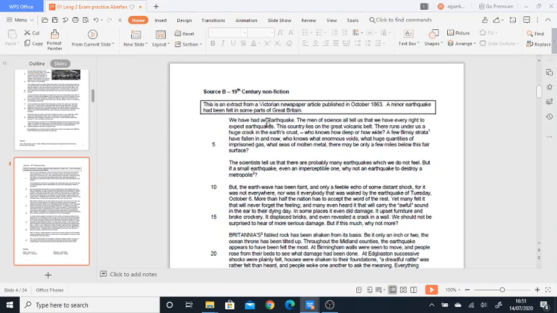Now in source B, we know that the reason why this is really important is because London is the capital city of the UK.